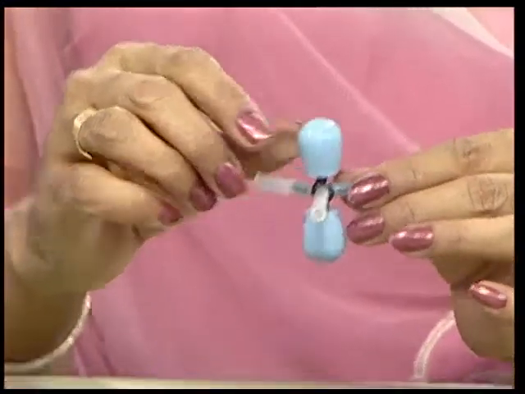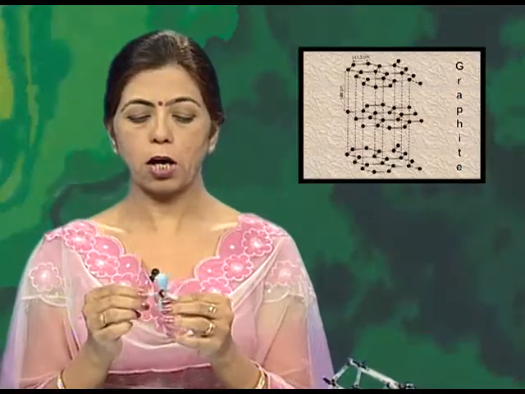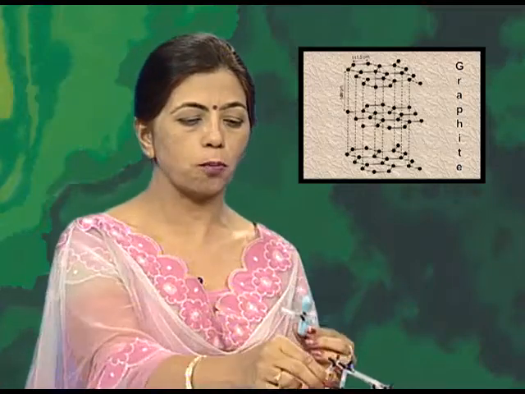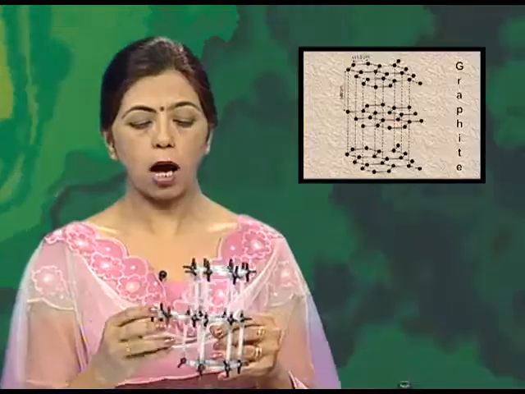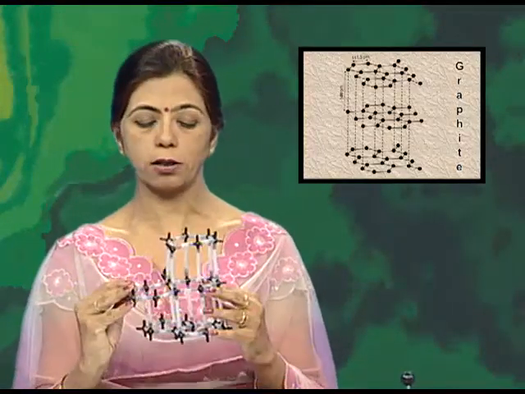It makes a hexagonal ring like this, and on each carbon there is one unhybridized p orbital, and this p orbital, the half lobe, is above this plane and the other half lobe is below this plane. Now it is the situation of each carbon and they all form a hexagonal ring. These hexagonal rings now form a layered structure. This you can see from here.